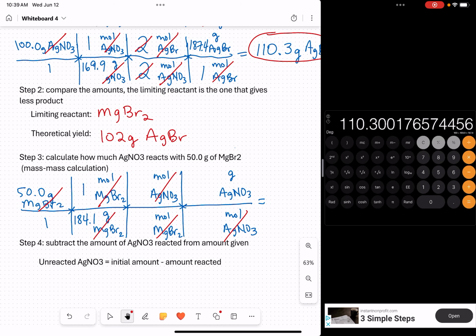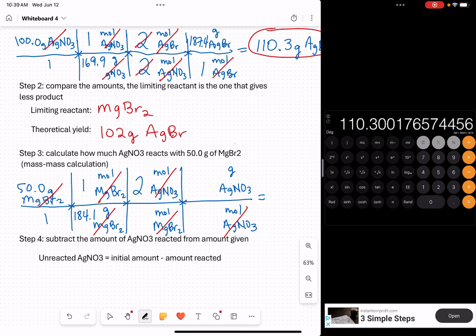So it is 2 moles of silver nitrate for every mole of magnesium bromide that reacts. And then we need the molar mass of silver nitrate, which we used before, is 169.9. Now we do the math.